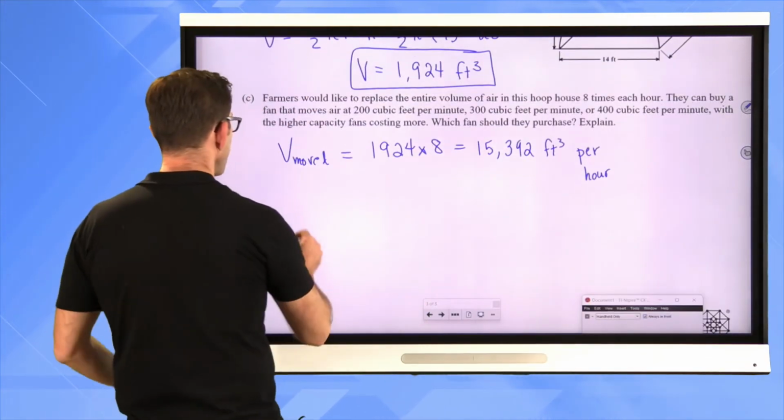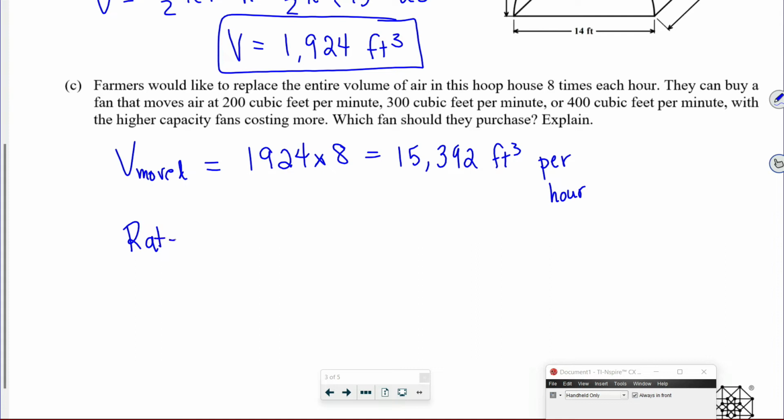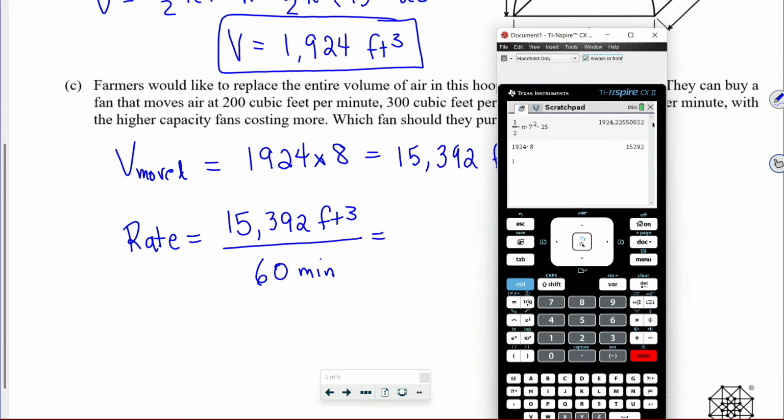We can now say that our rate is going to be 15,392 cubic feet per 60 minutes, and that is going to be easy enough.